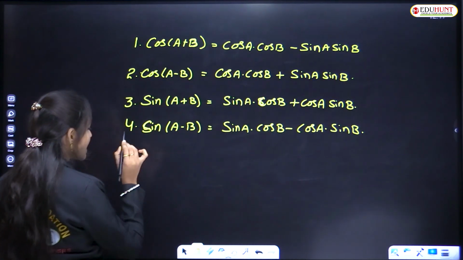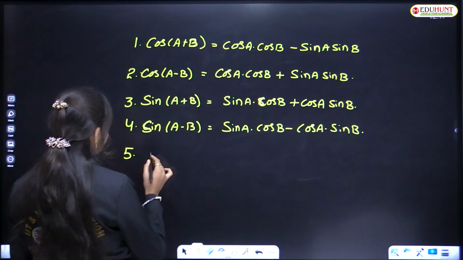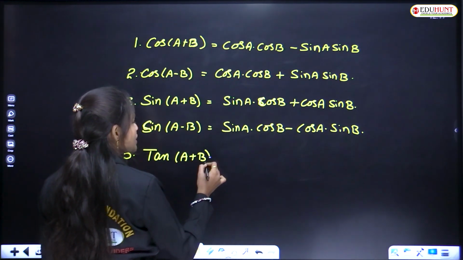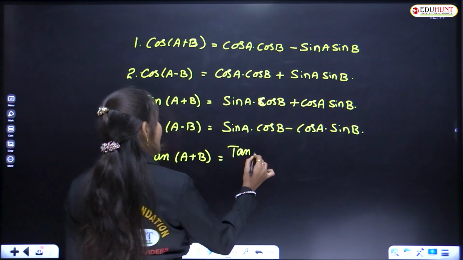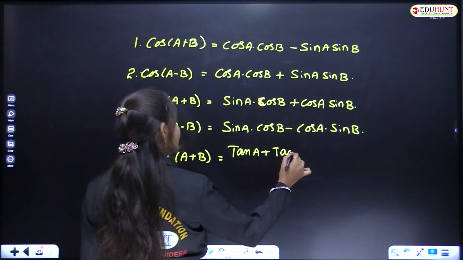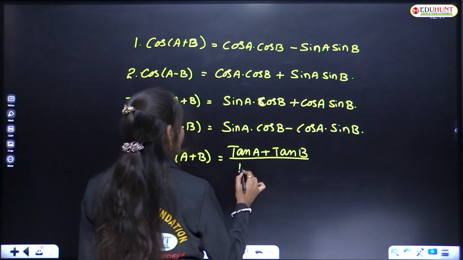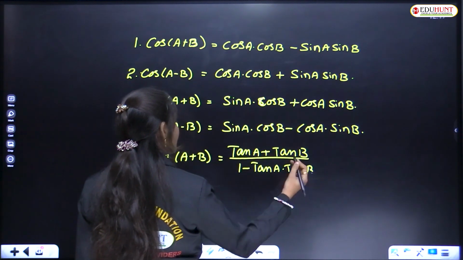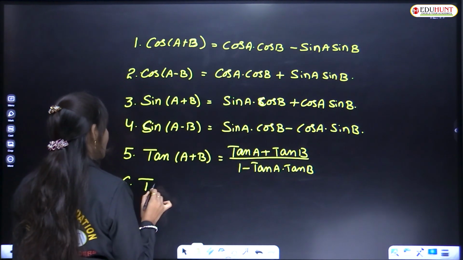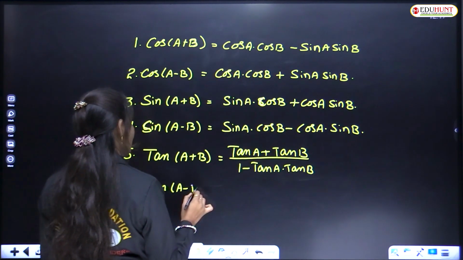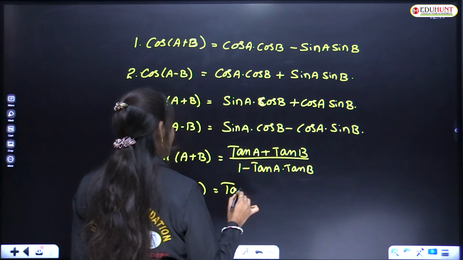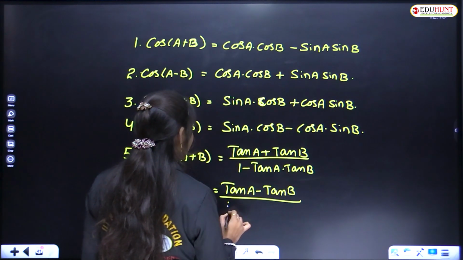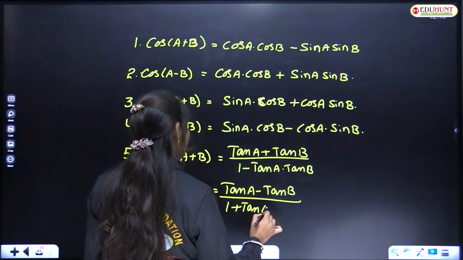After cos and sin, we introduced tan. So, tan of a plus b is equal to tan a plus tan b by 1 minus tan a tan b. Next, tan of a minus b is equal to tan a minus tan b whole by 1 plus tan a tan b.